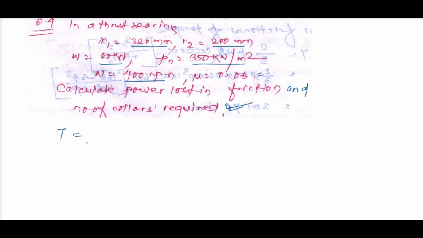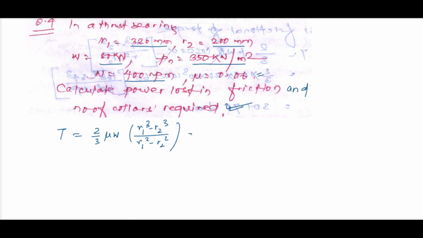So with that assumption, T is equal to 2 by 3 mu W (R1 cube minus R2 cube) divided by (R1 square minus R2 square).